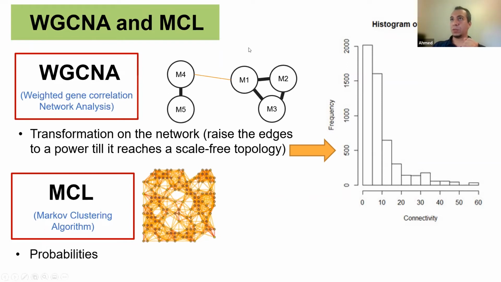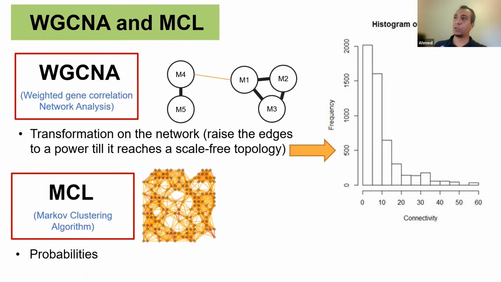So you raise it to a power of 2, then 3, then 4, etc., and you're going to end up having multiple networks. Which one to select? The one that you are going to select is a network with a scale-free topology. We're going to discuss this with greater depth, but what you want to know right now about a scale-free topology network is that if you add more taxa, more nodes, more correlations or more edges, it doesn't change its topology. It has a stable topology.